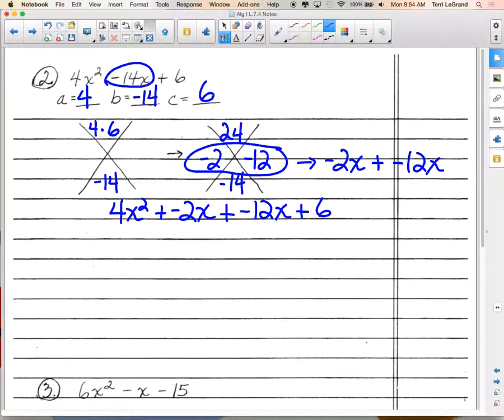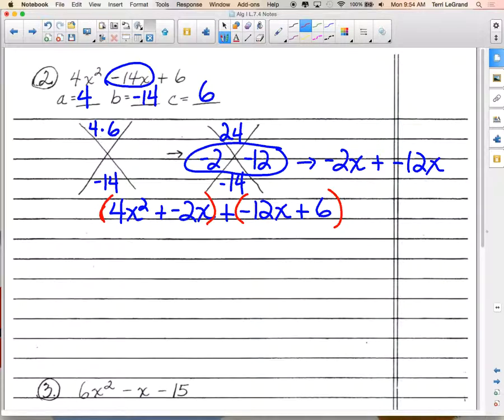It's a good idea to keep using addition, and it's okay if we have a plus and a negative, because it makes it better when we factor by grouping anyway. So we're going to stick our parentheses in, because we have addition in the middle.